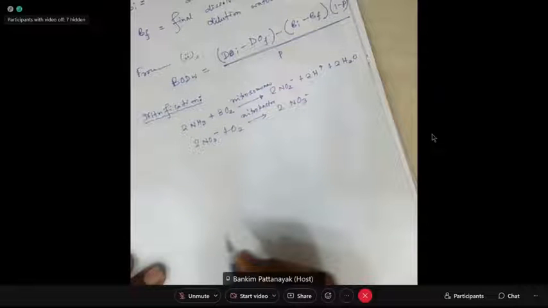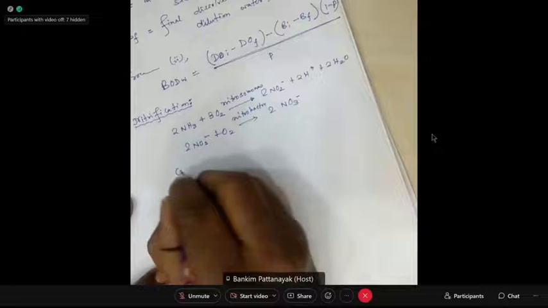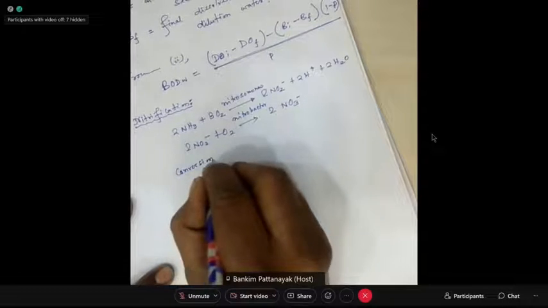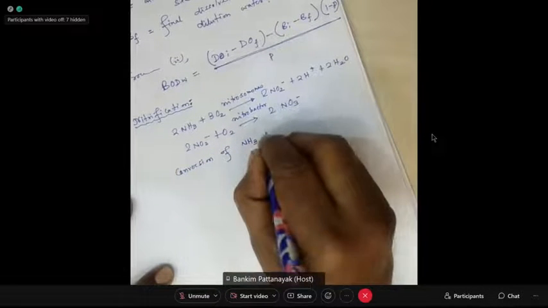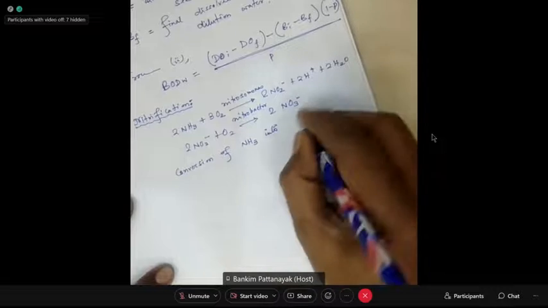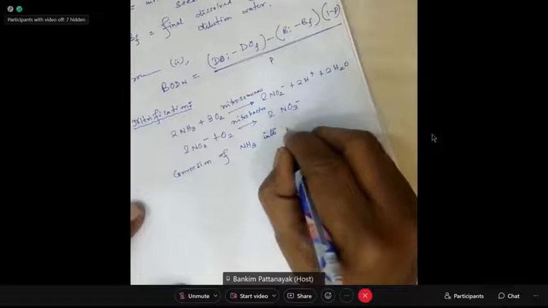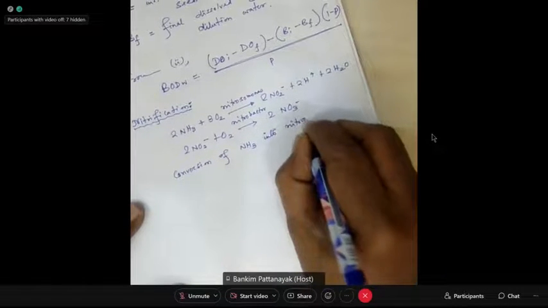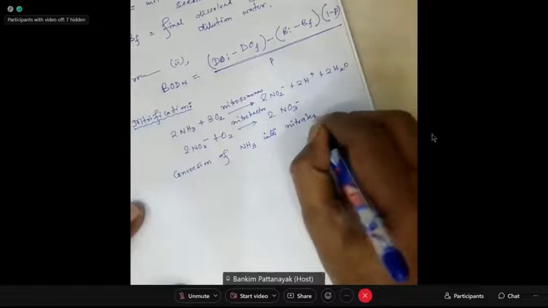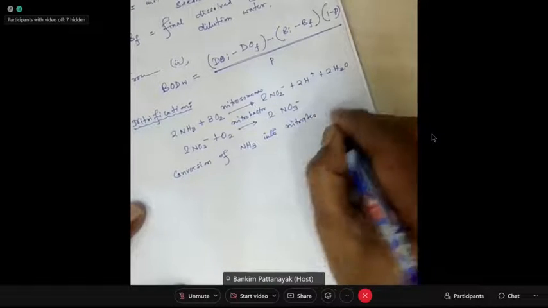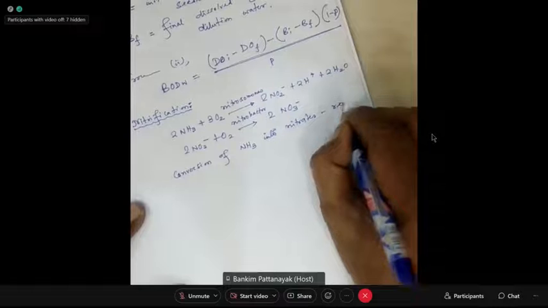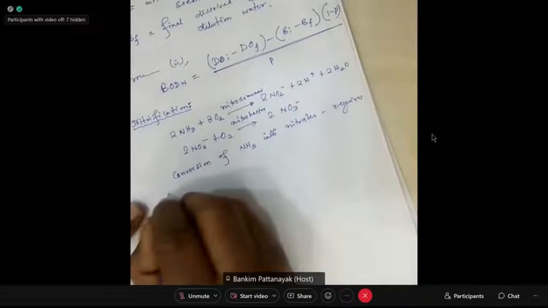Therefore, conversion of ammonia into nitrates requires oxygen.